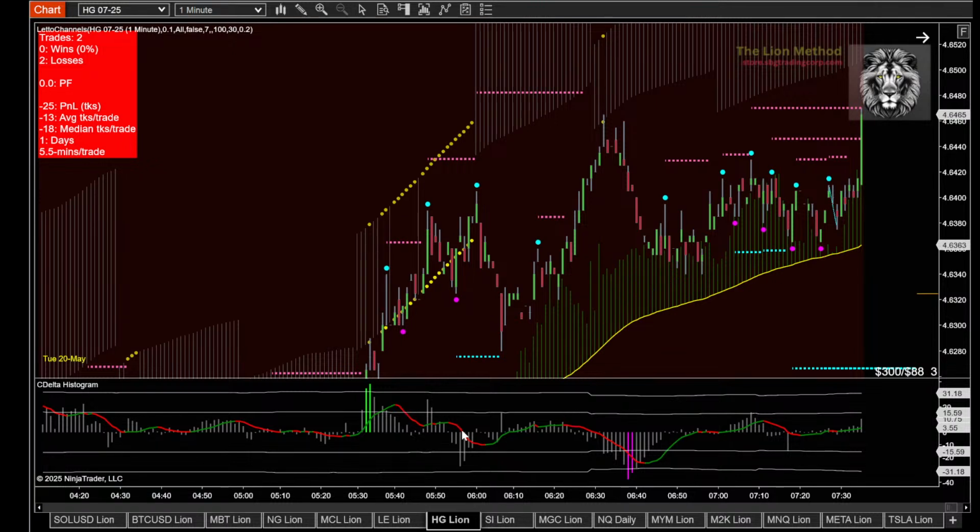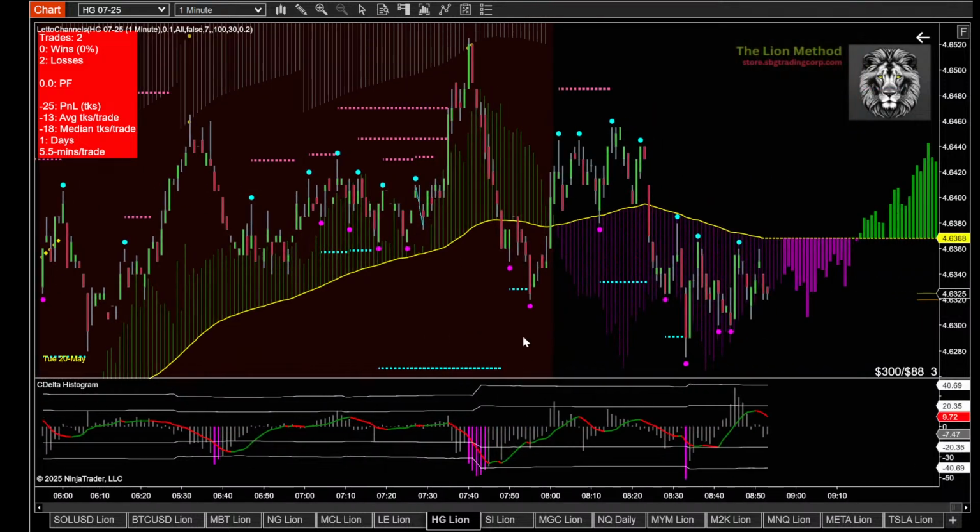We have this red average line and the green average line to help give us that indication. So we want to go short when this is going red, and that's when we went short here. But then it quickly turned up, and we don't want to be short when the buying pressure is coming in. So we would put our stop there, and that would have been a break-even trade.